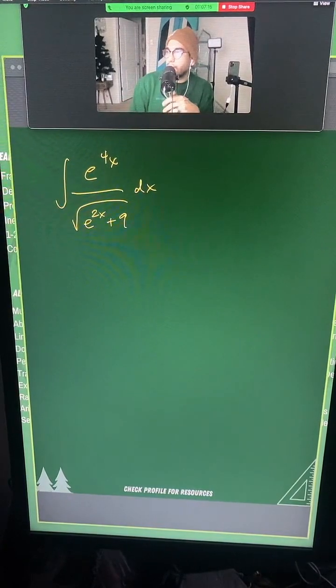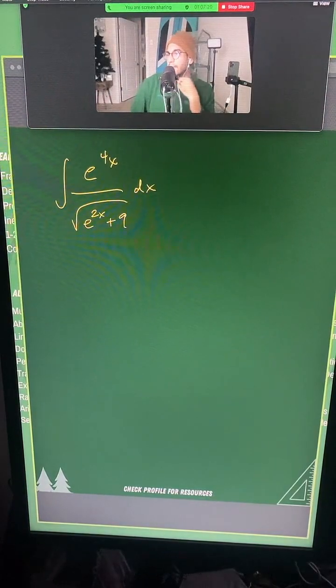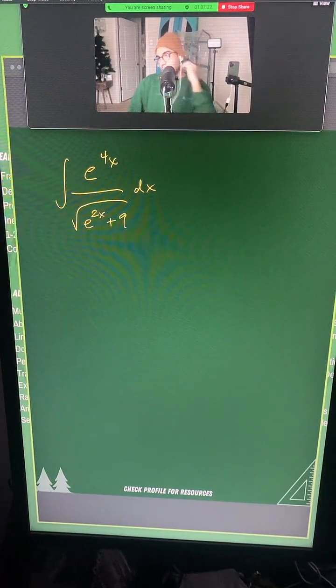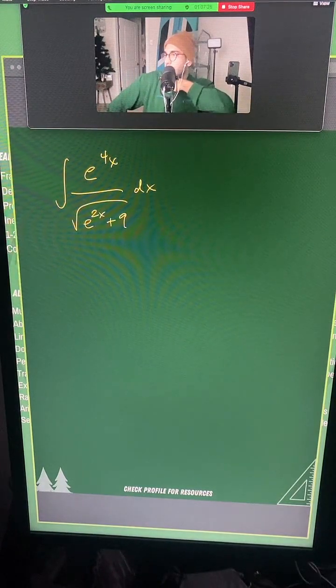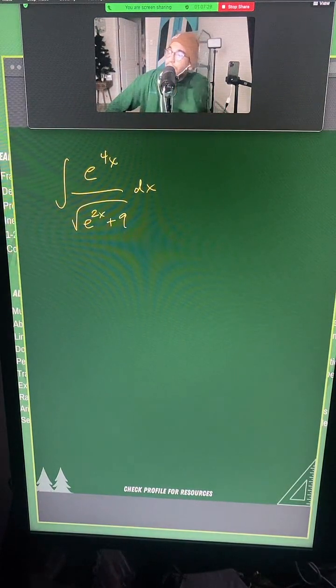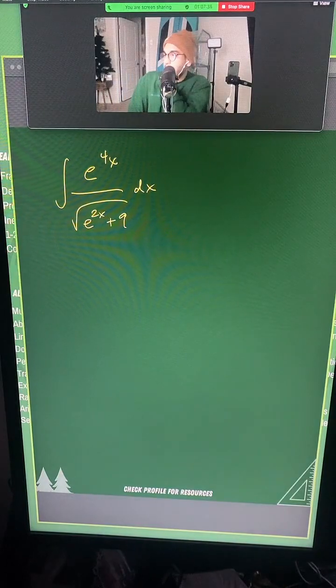All right, guys, final problem for the day. Who can tell me where we should start? Okay, so someone's saying u sub. All right, what should the u sub be?